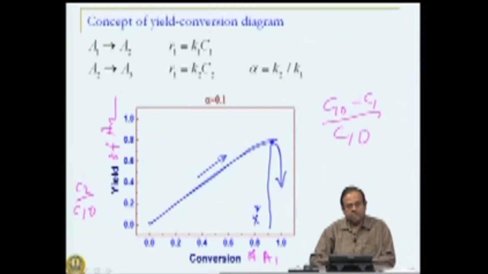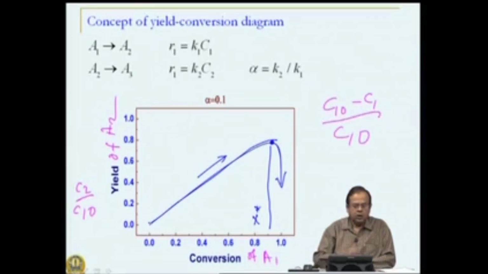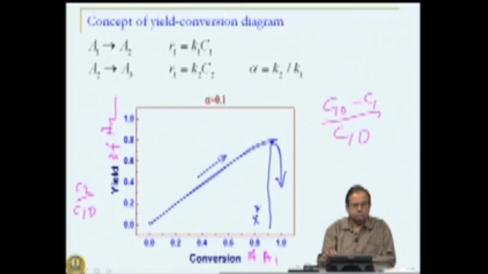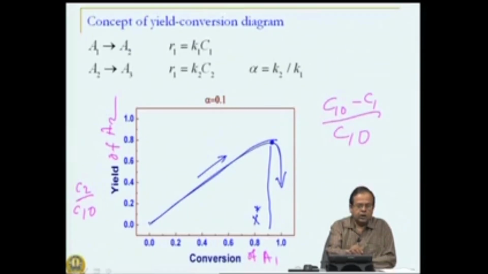Why is that happening? If you recall the behavior of this system from the previous plot, A1 is getting continuously converted to A2. So, the conversion of A1 is continuously increasing. But what is happening as a result of more and more A2 accumulating in the system is that more and more A2 is now going to A3.